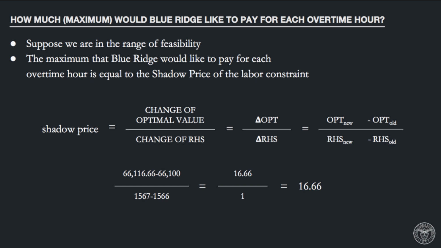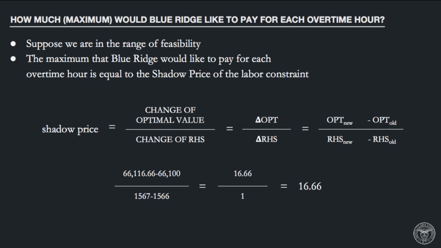Suppose we increase the current right-hand side value of 1,566 to 1,567, and we have a new optimal value of 66,116.66 minus the old optimal value of 66,100. So we have the final value equal to 16.66.